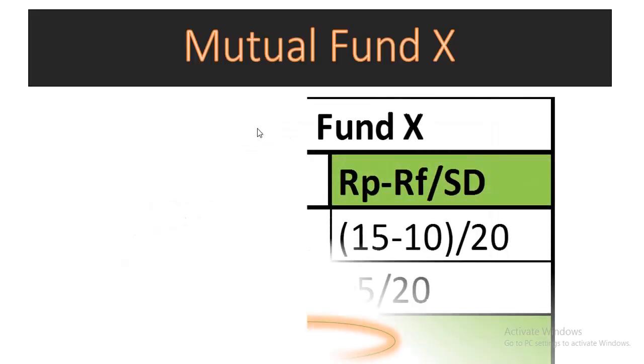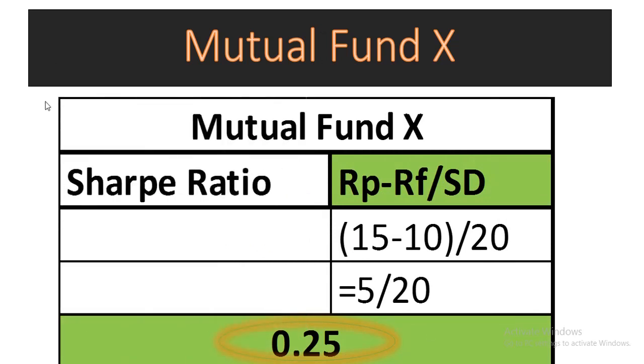So when we calculate for mutual fund X, mutual fund X portfolio return was 15 and standard deviation is 20 and market risk free rate is 10%. So there is 5% extra return mutual fund X can generate, but at the same time standard deviation, which is risk of mutual fund X, is 20. So Sharpe ratio comes to 0.25.